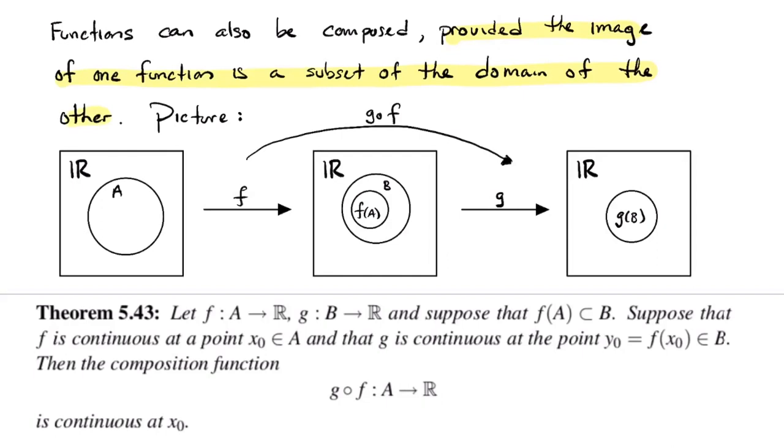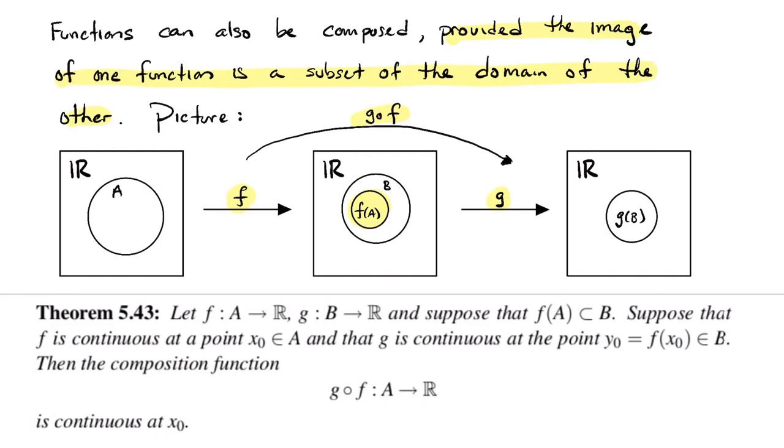I've got a function schematically denoted here by f and a function schematically denoted by g. I'm indicating here that the image of f of A, those elements in the real numbers that look like f of something from the set A, all belong to B. In other words, the image of f is a subset of the domain of g, being the function on B. So when that happens, you can take g of f of anything. That is, you can compose f and g.